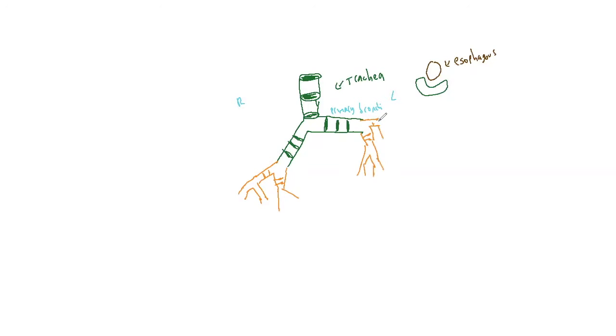And that's the one interesting thing about the bronchial tree, which I believe, if my knowledge of Latin is still holding up, bronchiole means tree. And if you think about the bronchial structure, if you turn it right side up, it kind of looks like a tree.